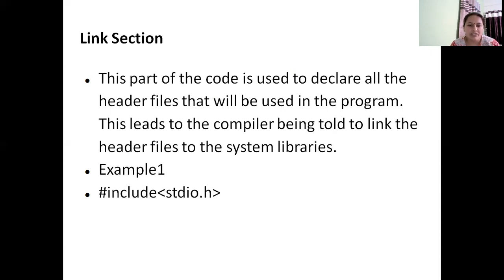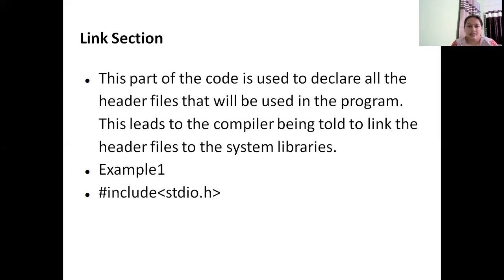The full form of stdio.h is standard input output header file. Header files will always have an extension .h in C language. The standard input output header file consists of those built-in functions which are related to inputting and outputting of data.